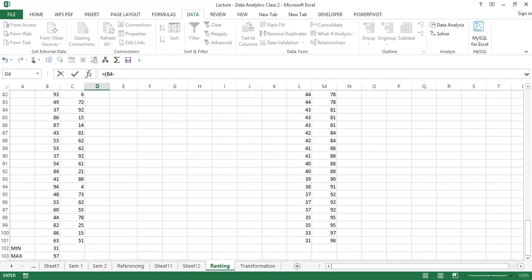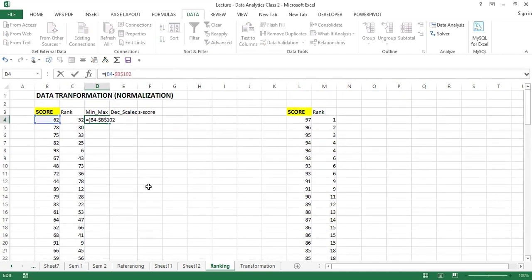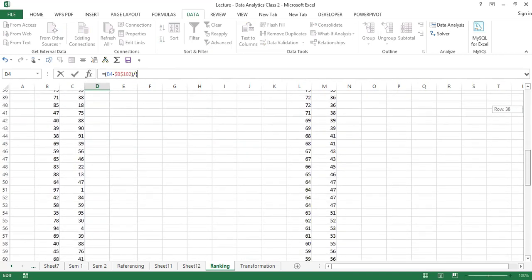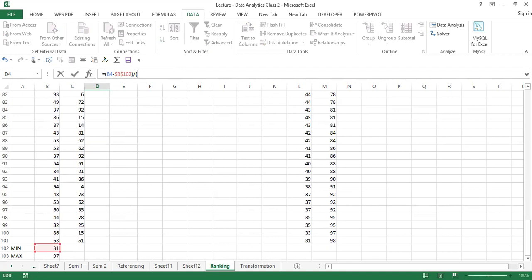Okay, the minimum is 31. And this 31 should be what? An absolute reference. All over the maximum. Go to maximum. Minus minimum.